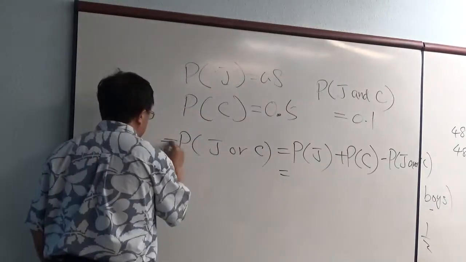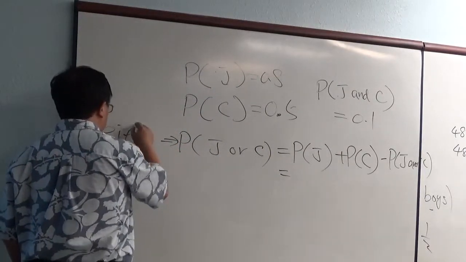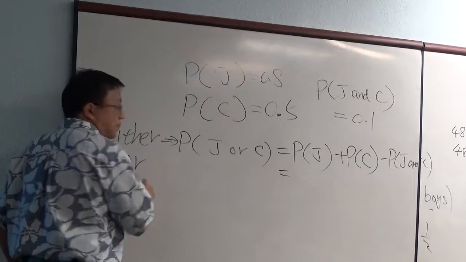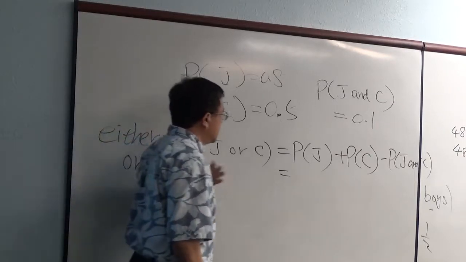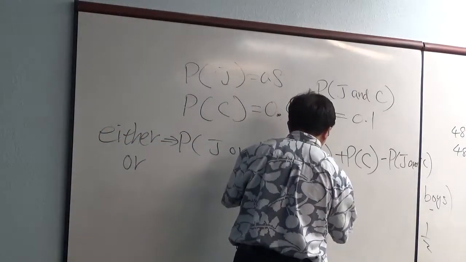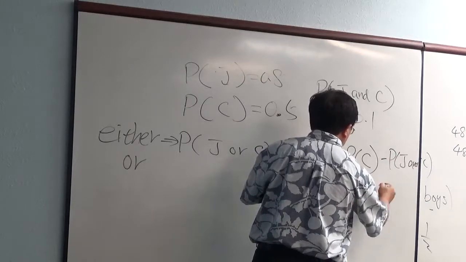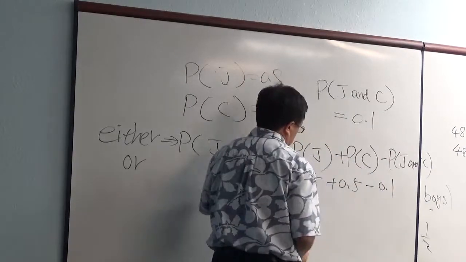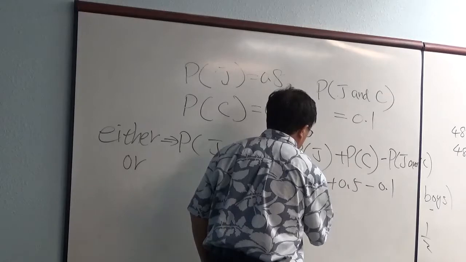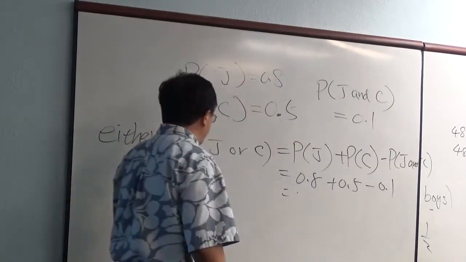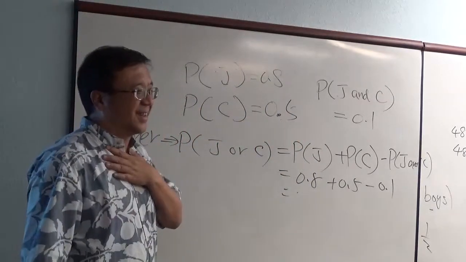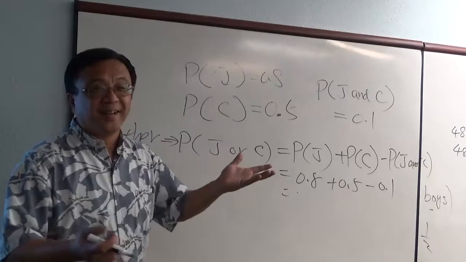So basically this is about either or, yeah? So that's 0.8 plus 0.5 minus 0.1. So that's greater than 1. What a bad example.